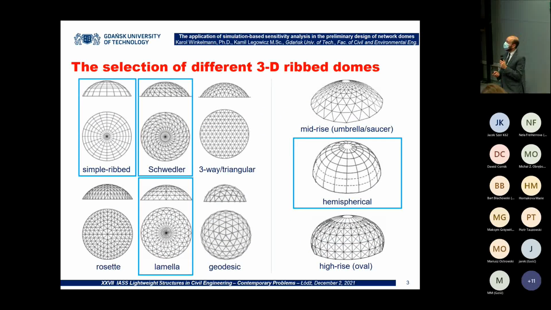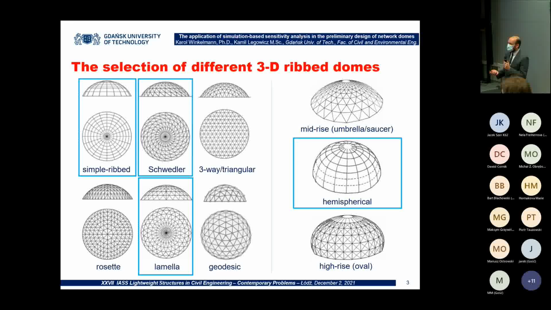From different three-dimensional ribbed domes, you can see different layouts and different elevations of such domes. So it's really arbitrary to choose which one is the one that we want. The first choice is architectural-based, because we just decide on the diameter, the height of the structure, and the type of the grid.